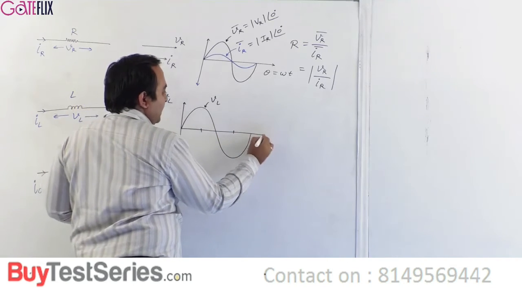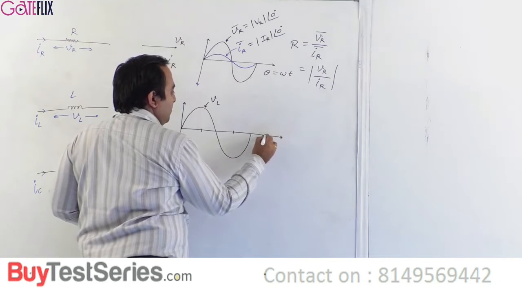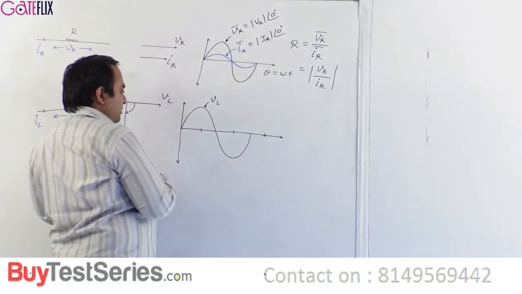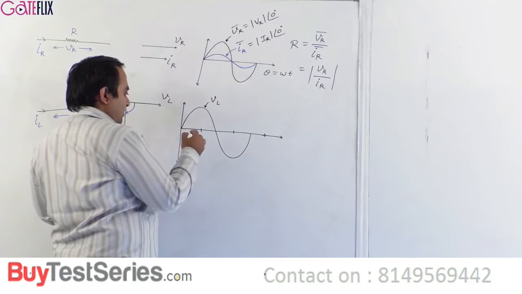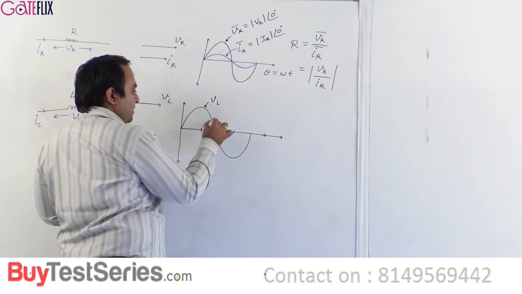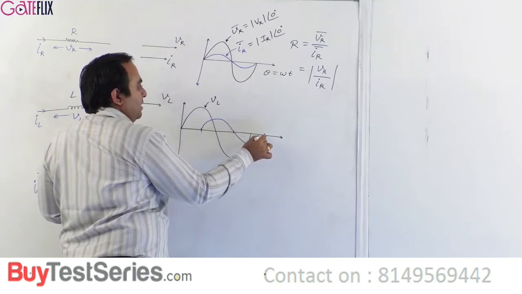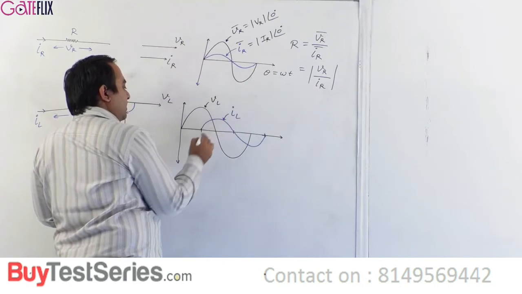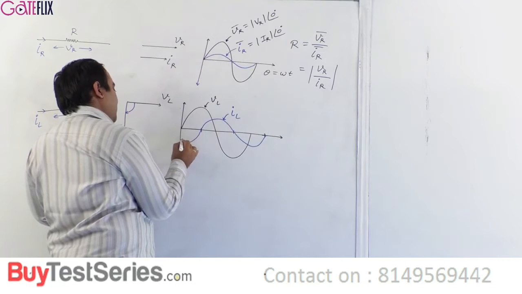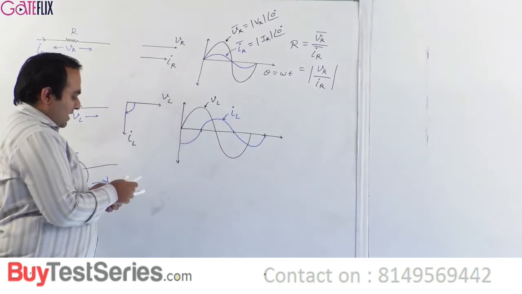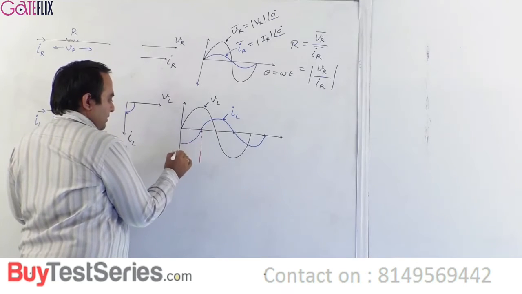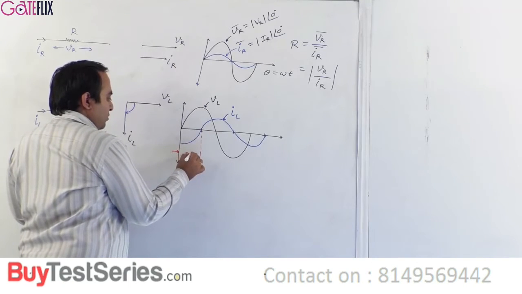So lagging by 90 degrees will shift the waveform towards right by 90 degrees. So you will have this as the waveform of IL, and this can be further extended like this. So this angle, if you see, is 90 degrees or pi by 2.